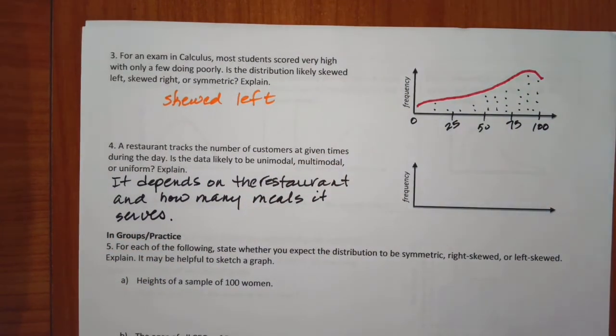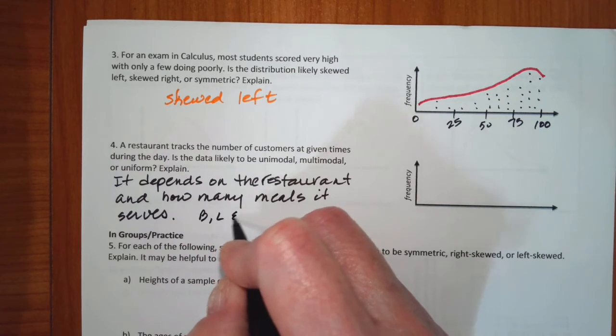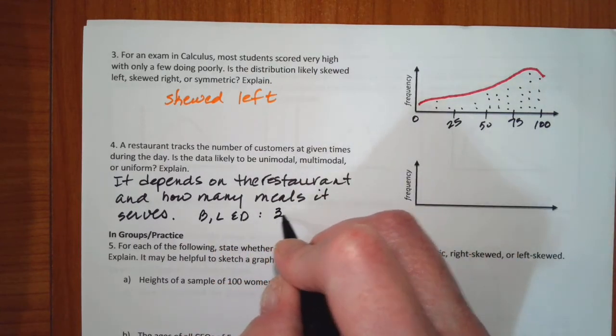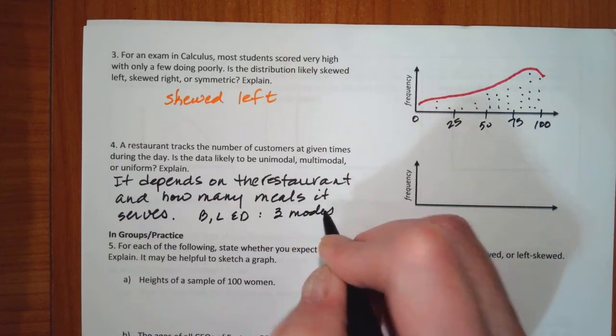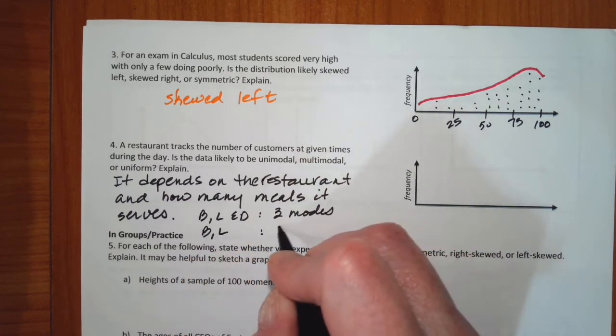Okay, if it's open for breakfast, lunch, and dinner, okay, so breakfast, lunch, and dinner would probably have 3 modes. For just breakfast and lunch, 2 modes.